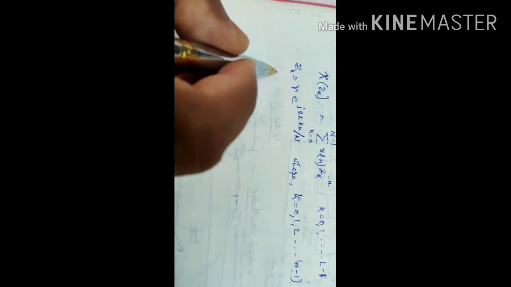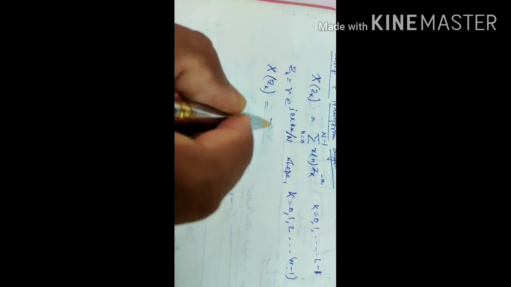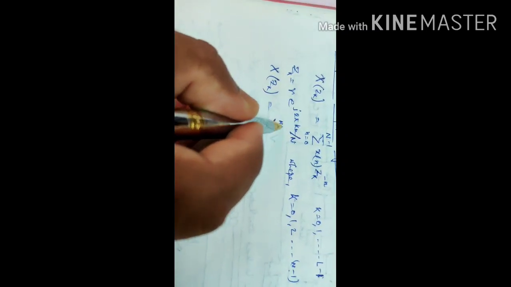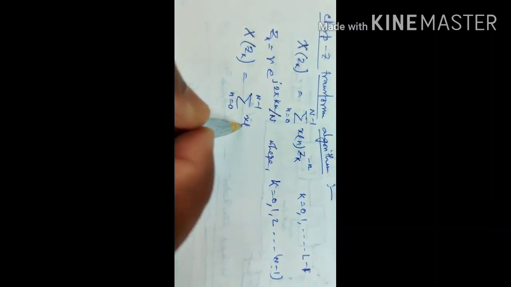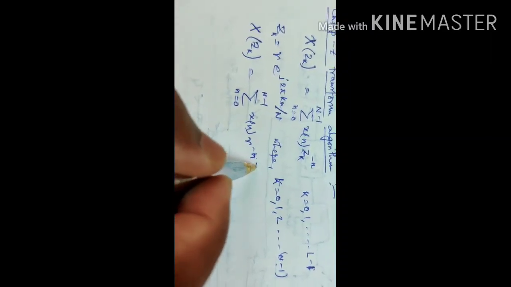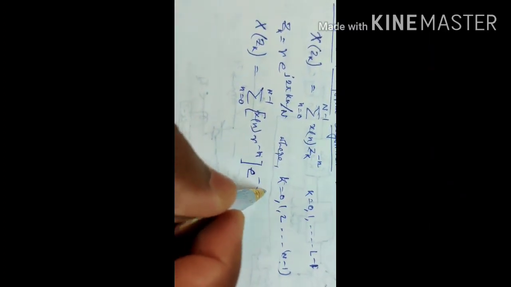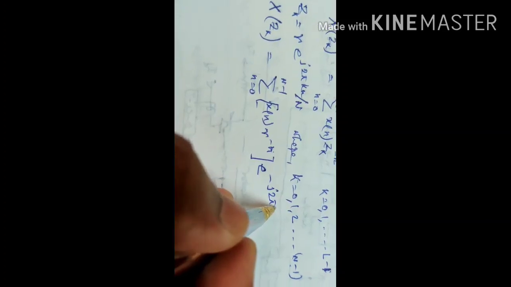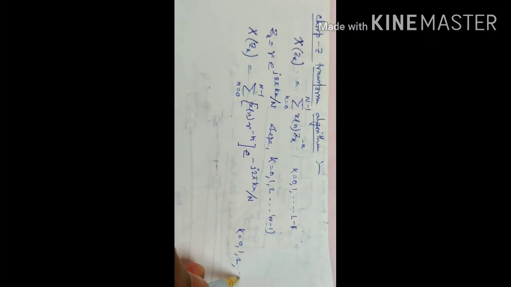So X(k), that is X(z_k), will be equal to the summation n equal to 0 to N minus 1 of x(n) r to the power minus n, into e to the power minus j 2 pi k n by N, where k equal to 0, 1, 2, ... N minus 1.